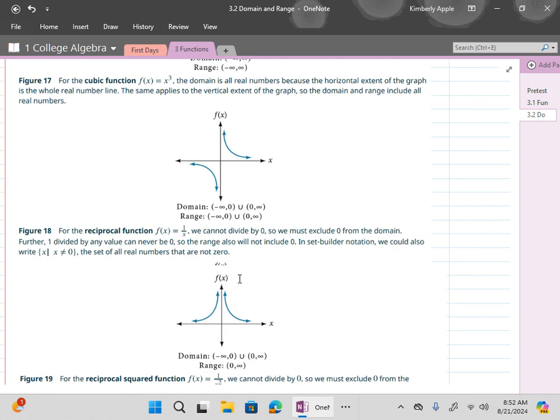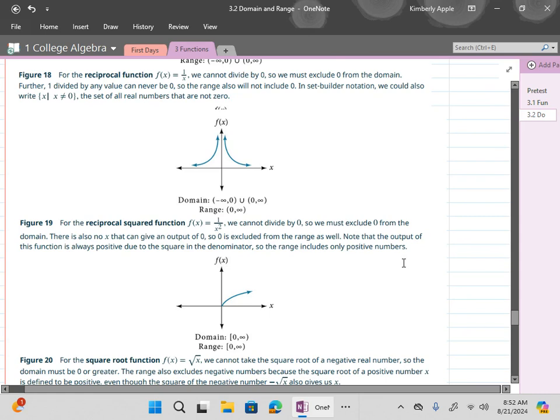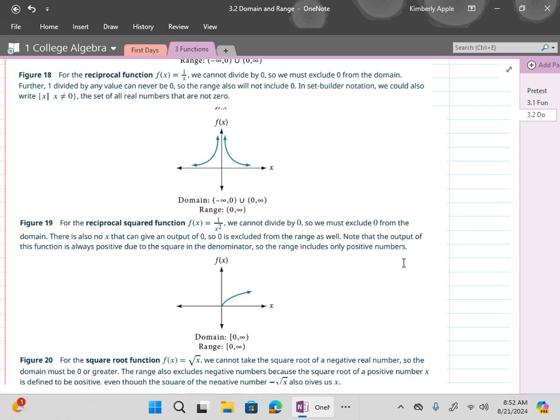We will not do a whole lot with this one, but the idea is the same. If I have a fraction, this is the reciprocal squared, 1 over x squared. Remember, your 2 deal breakers for domain are division by 0 and negatives under even roots. There's no root here, so it's not that one.